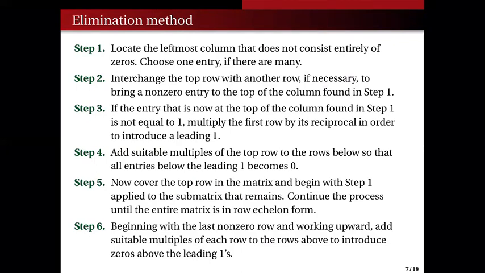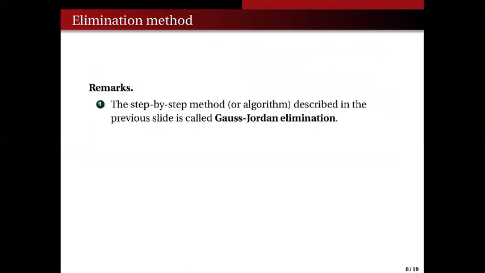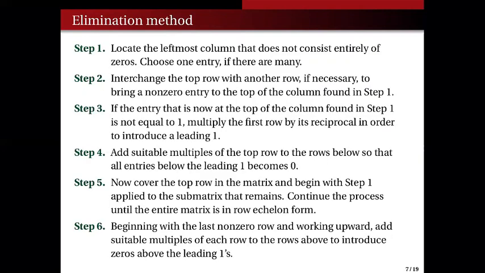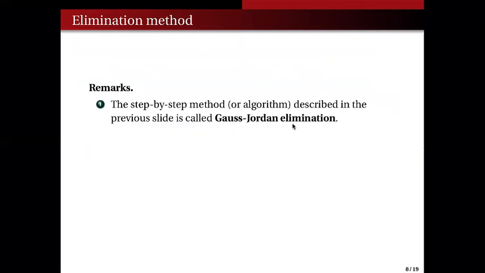Okay? So this is the elimination method. Okay? So let's have some notes here. The step-by-step process or the step-by-step method or algorithm described here, okay, is called Gauss-Jordan elimination.